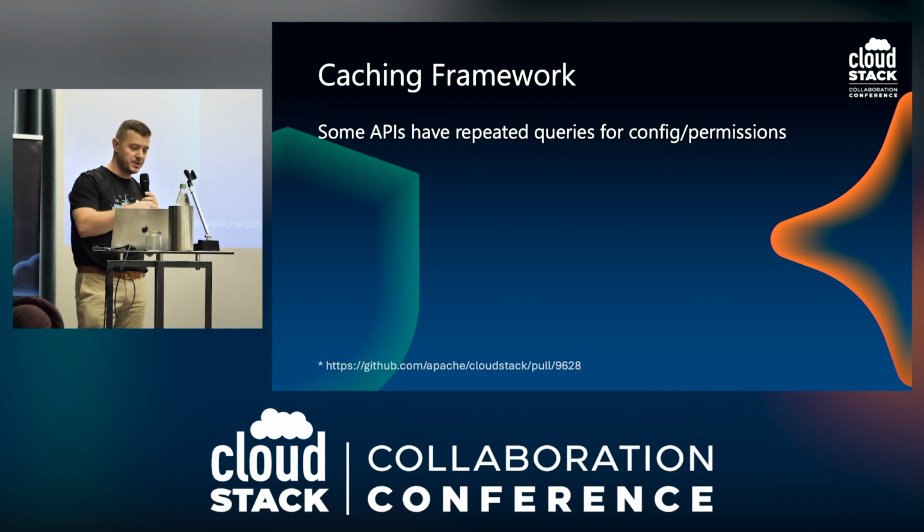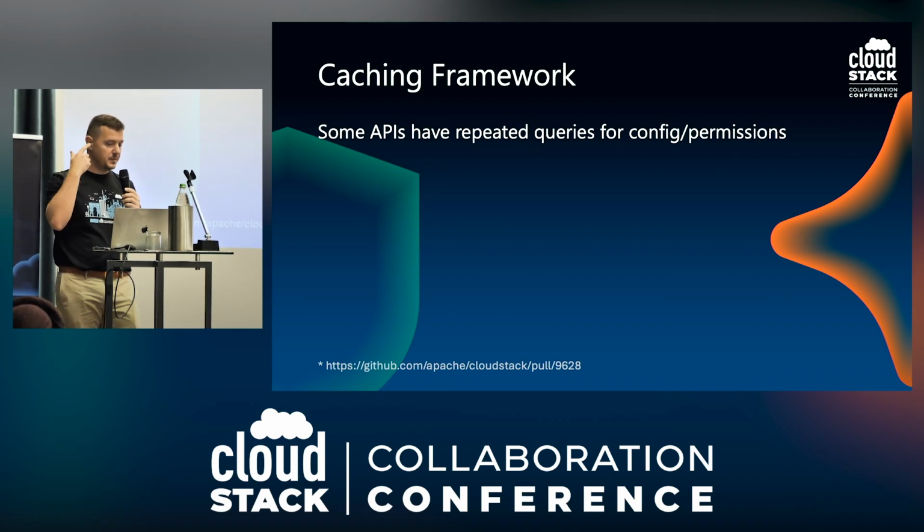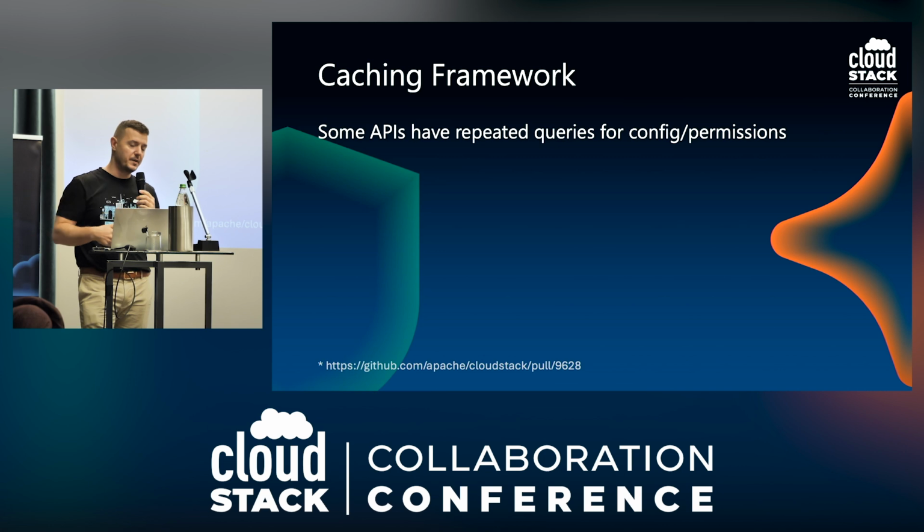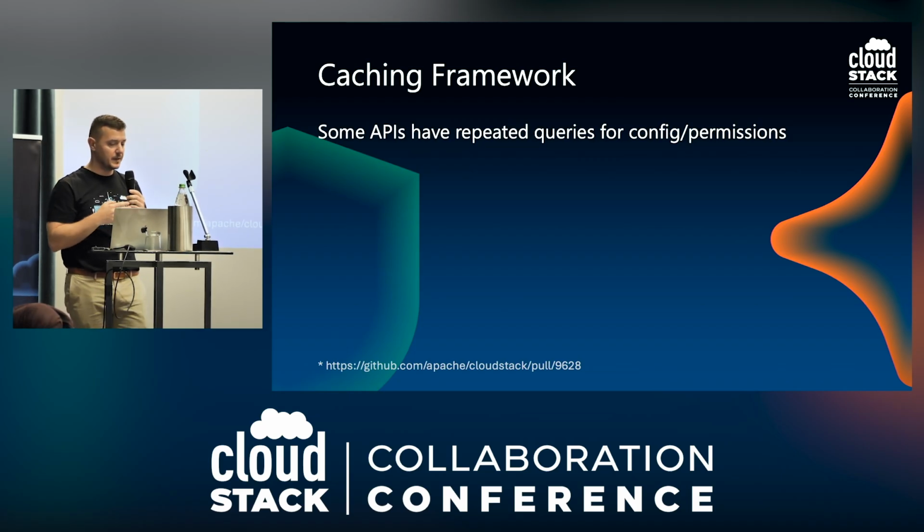They ask for another permission for another operation, and in the meantime they multiply query the configs for the global settings for a particular config, and back. That is repetitive querying for different kinds of configs that are needed through an API.